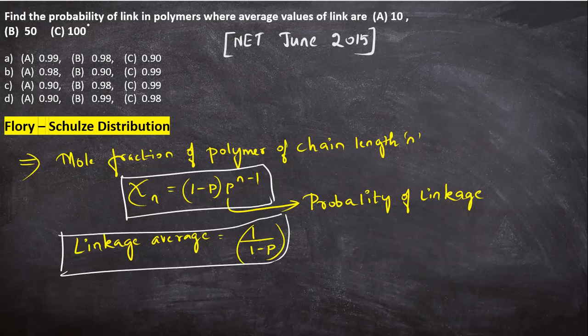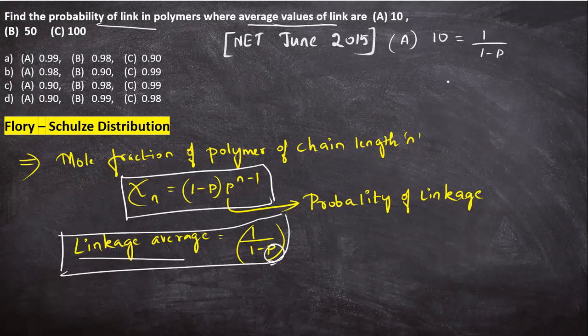So in this question, they have asked the probability of linkage in polymers where the average value of link, meaning link average, is given. What we need to calculate is the probability of linkage. Let's start. For A, they have given the link average as 10, which equals 1 upon 1 minus p.